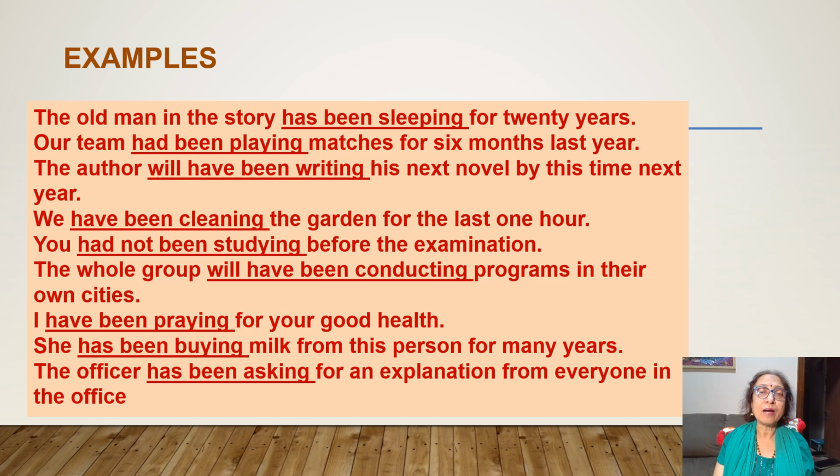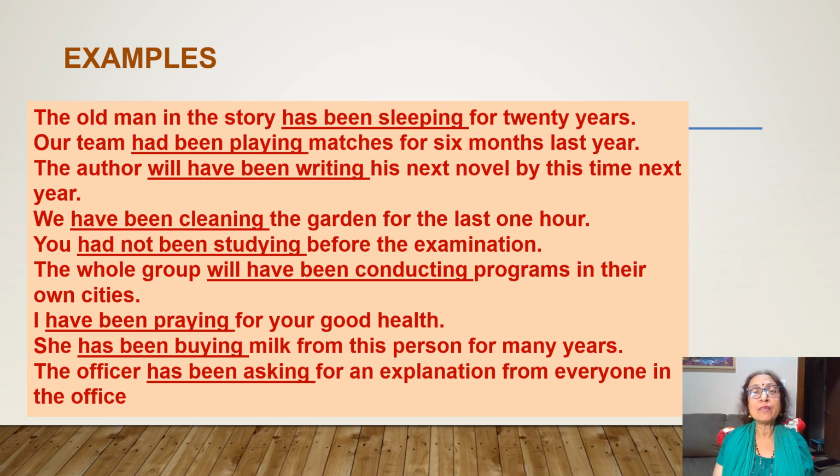Here are some examples using the verbs which we had in the earlier table. Here I'm referring to a story, Rip Van Winkle. If you haven't read it, you can read that famous story. The old man in the story has been sleeping for 20 years. Has been sleeping.